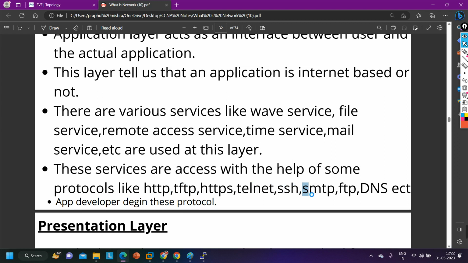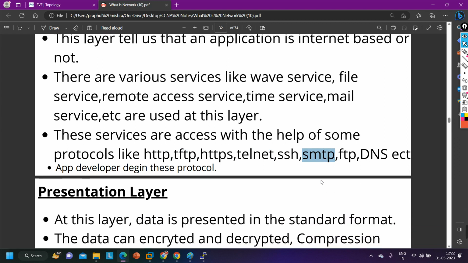SMTP is used to send mail, simple mail transfer protocol. FTP, file transfer protocol, is also used to send or download files. Both TFTP and FTP work the same, but there are some differences we will discuss later.